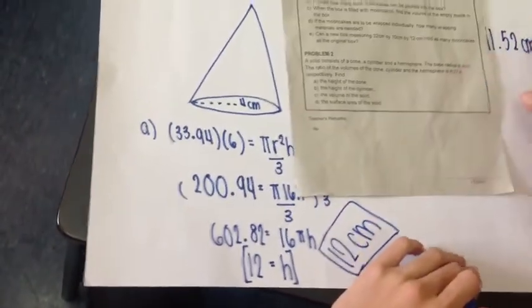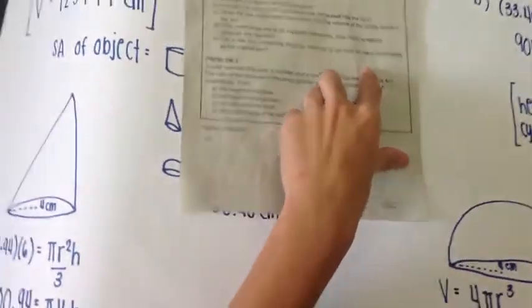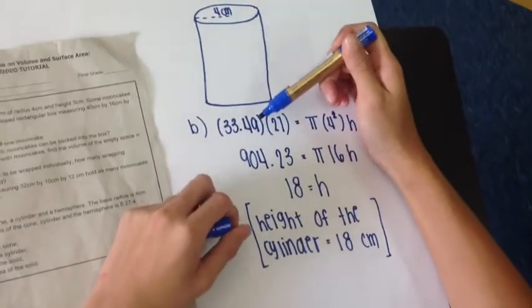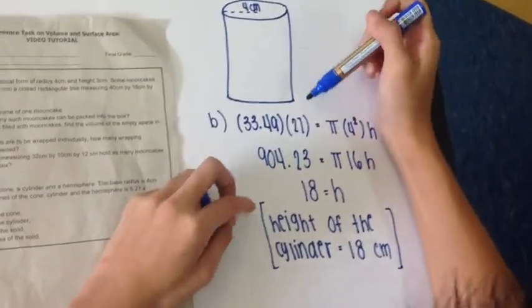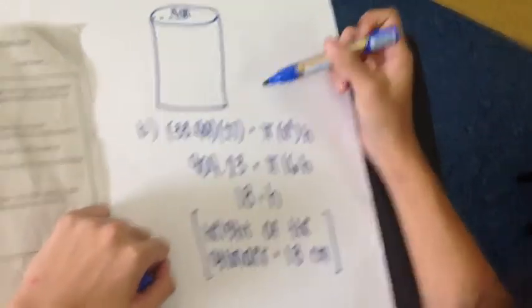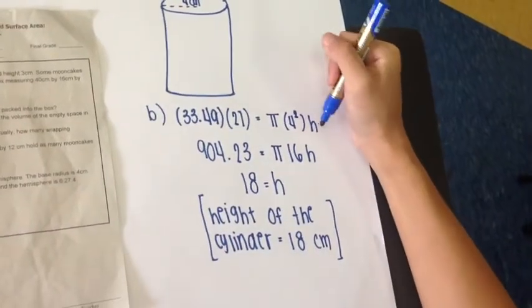Now the next question is find the height of the cylinder. Here I drew the figure of the cylinder. As we remember, 33.49 is the ratio of 1. And since the ratio of the cylinder from the whole object is 27, we multiply 33.49 times 27. And this equals pi r squared times height.